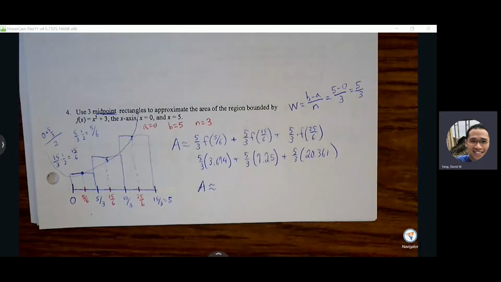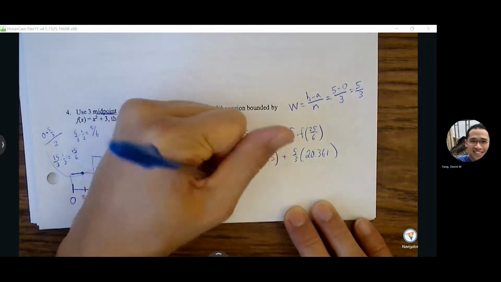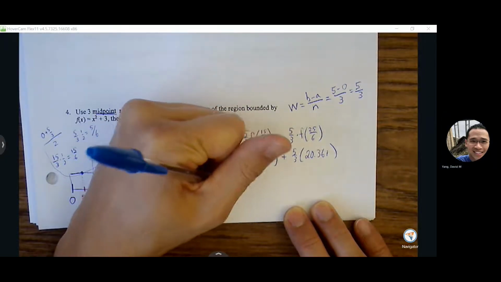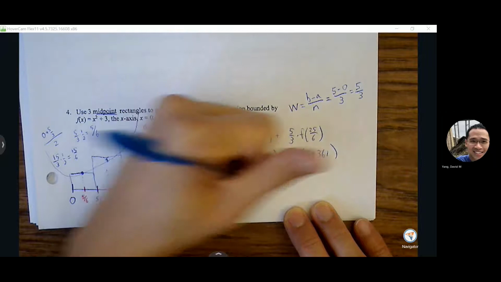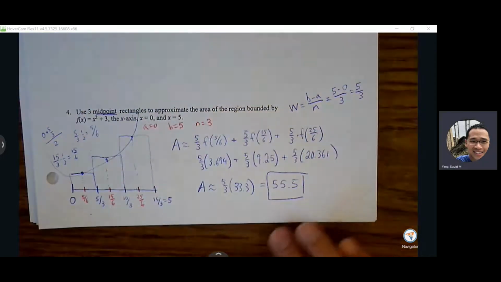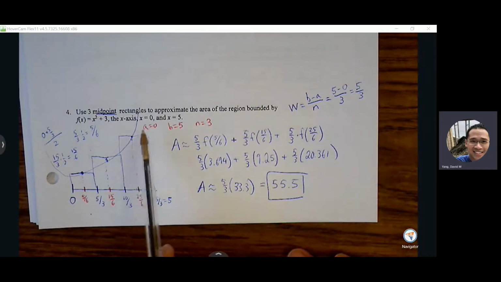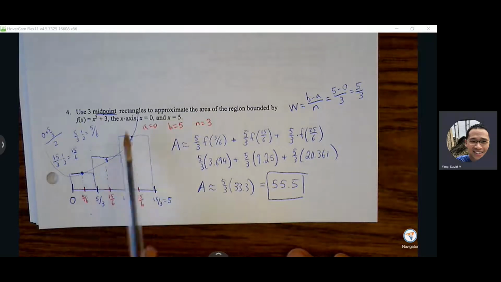Okay, continue to just multiply and add. Okay, so that's the area approximation of the 3 rectangles added together, or area approximation under the curve using 3 midpoint rectangles.